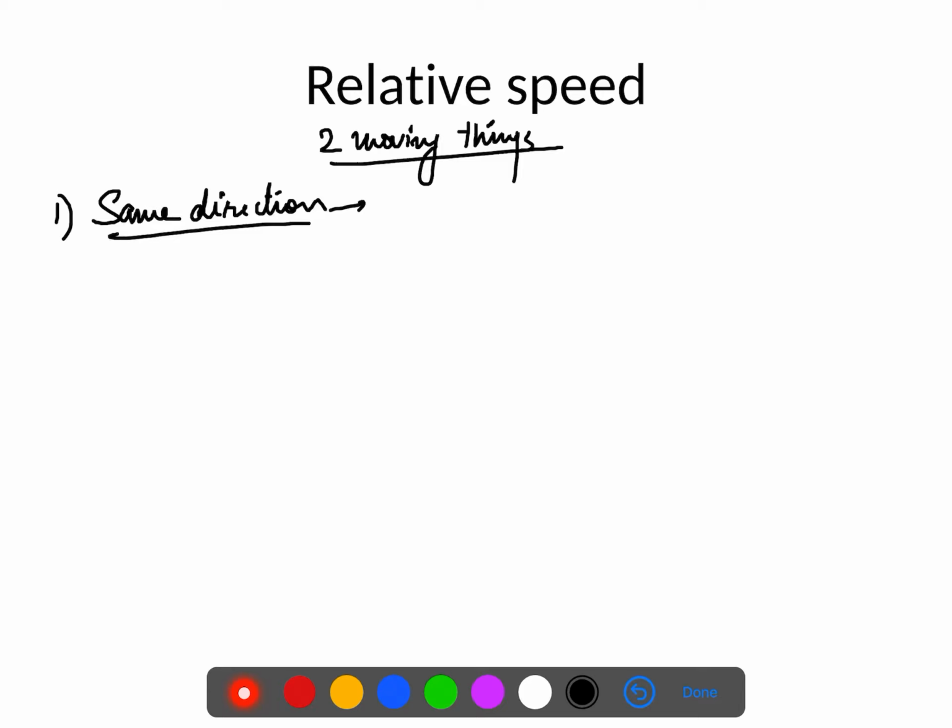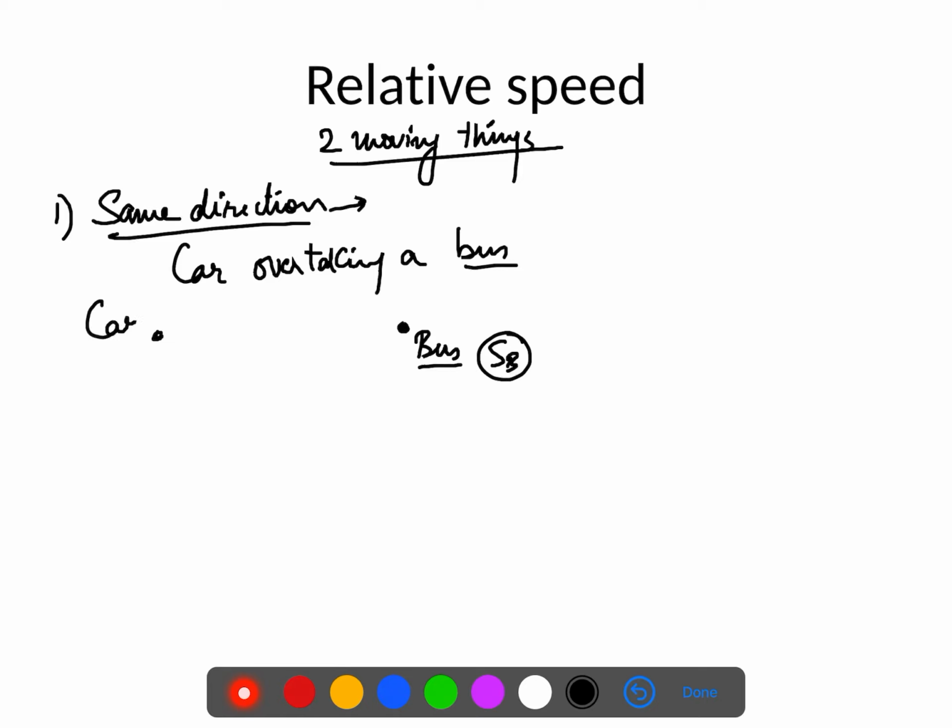For example, a car is overtaking a bus. So let's say this is the bus moving at SB speed. This is the car moving at SC speed. So the car is also moving in this direction, the bus is also moving in this direction.